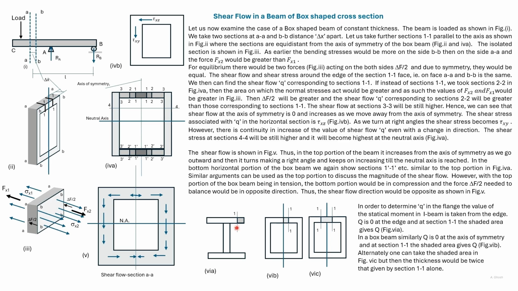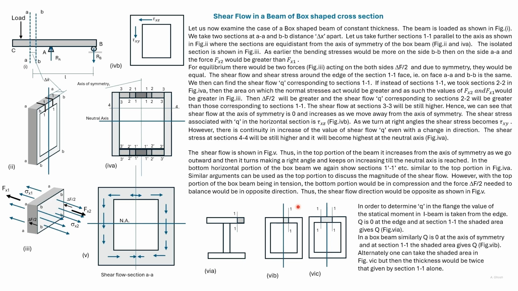Let us now consider an I-beam. If we wanted to find the shear stress at section 1-1, then we find the Q of this shaded portion. The Q and the shear stress at the edge is 0. For the box-shaped cross-section, the Q and the shear stress along the axis of symmetry is 0.